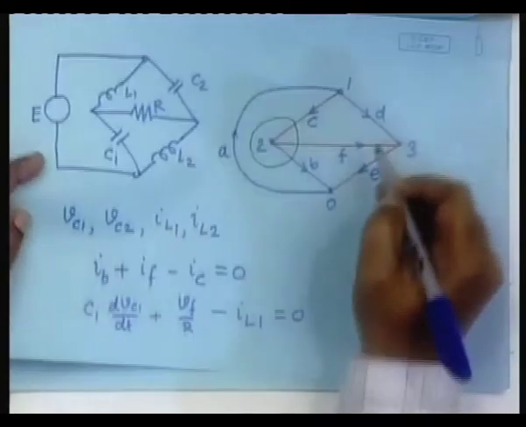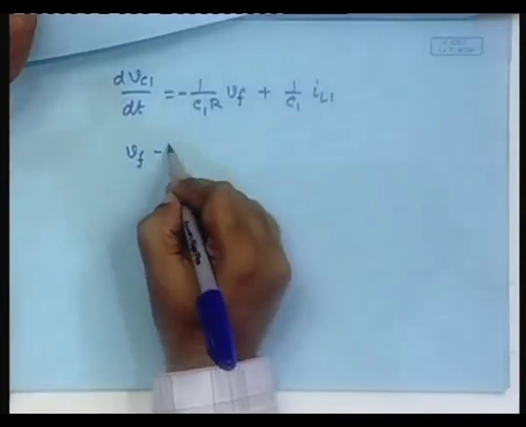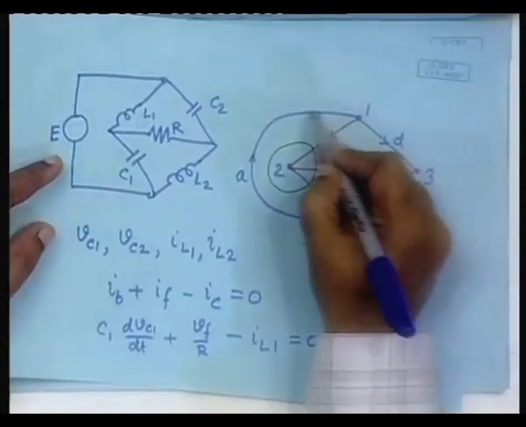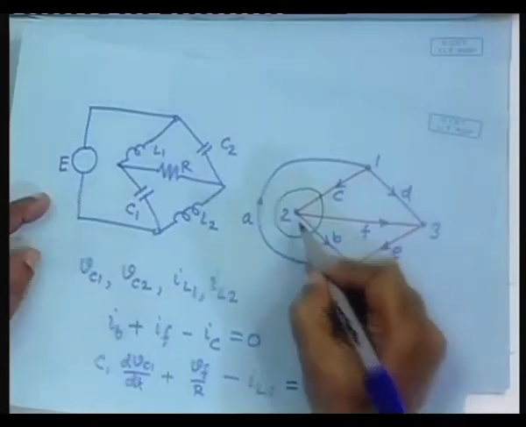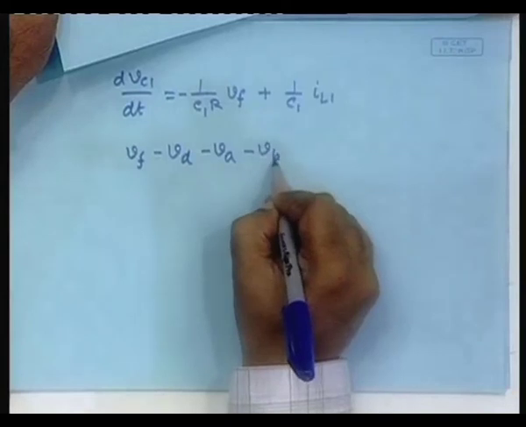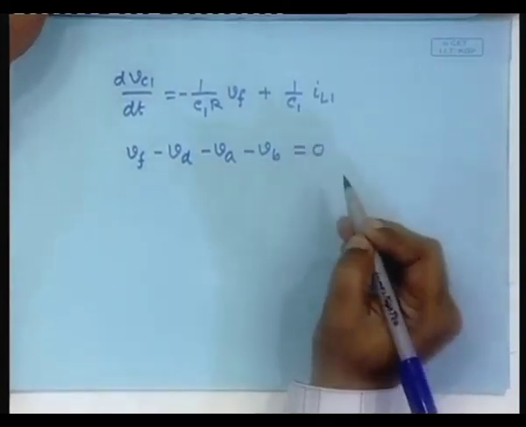VF minus VD minus VA minus VB equal to 0, fine.